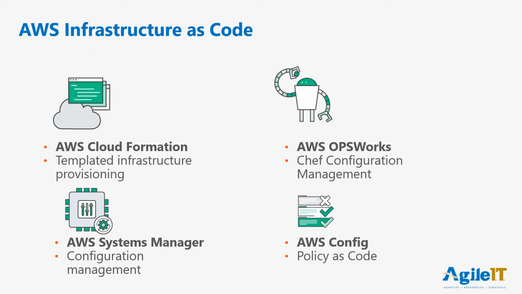And then AWS Config, policy as code is a very good way of putting it. It is designed to give you a historical view of configuration changes to your components over time. You can set up rules that will notify or block configuration changes.